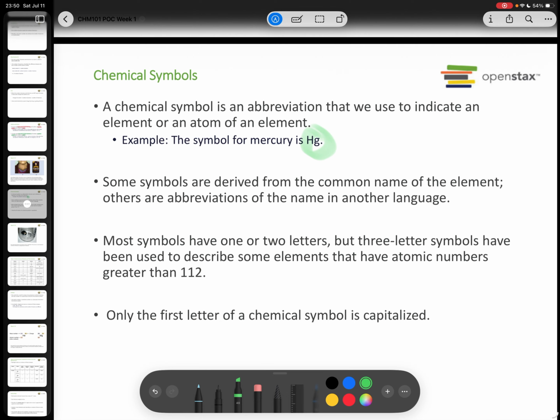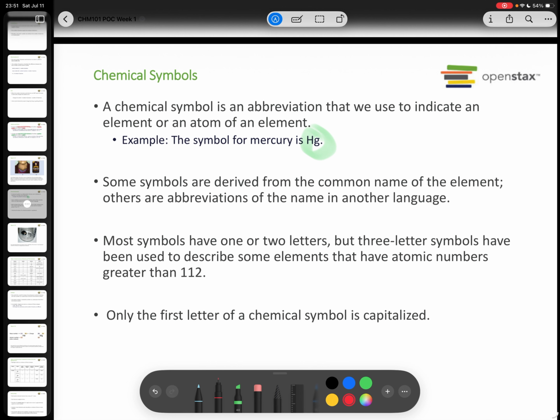Depende yan. Most symbols have 1 or 2 letters. The capitalization rule is very important pagdating sa chemical symbols. Only the first letter is capitalized, no? For example, pag cobalt, wait lang, sulat natin.